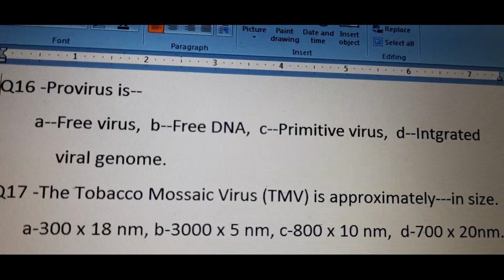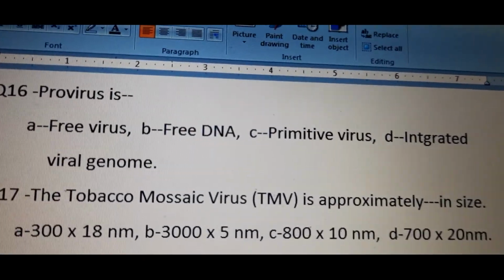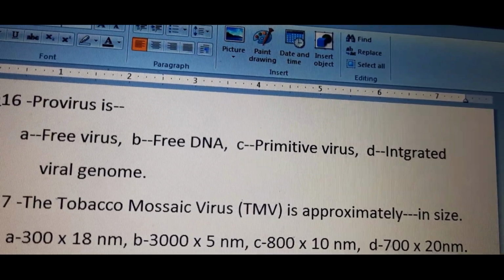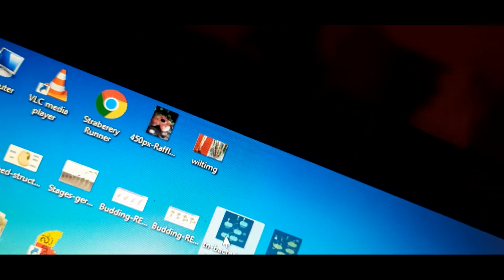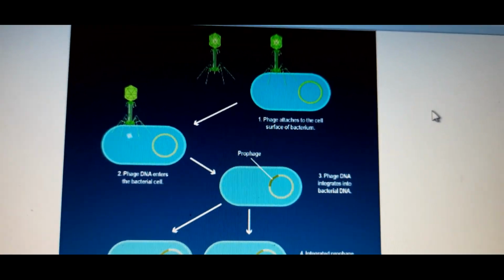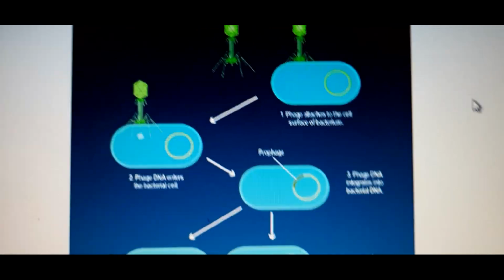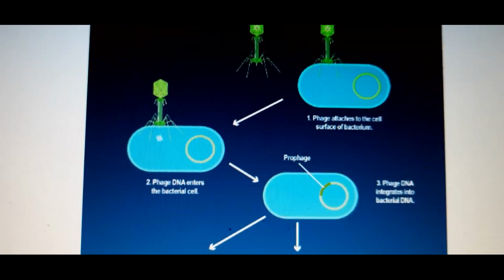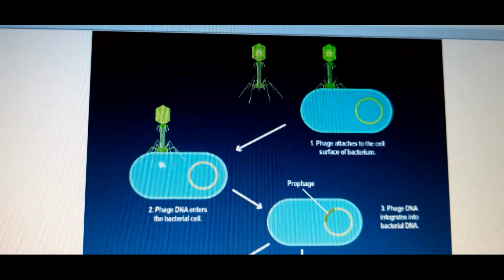The meaning is, see, provirus means when a virus infects bacteria, you can see in this diagram, the green colored one is a phage virus, a rocket-like thing, that is a bacteriophage.